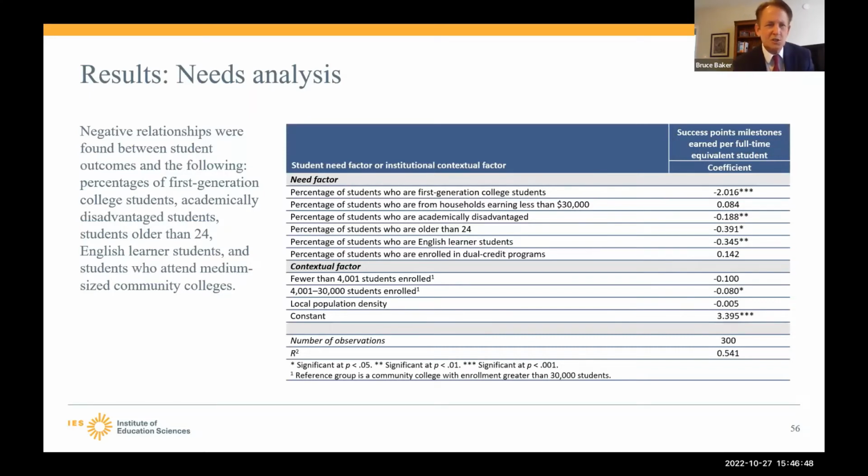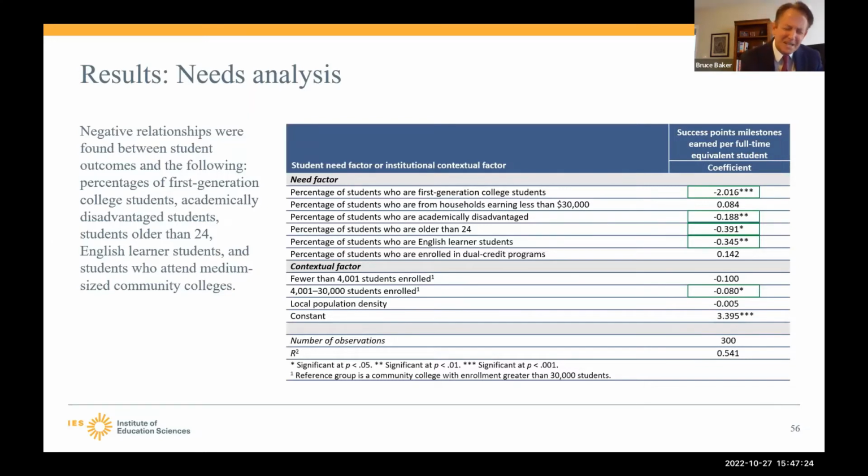There are negative relationships that were found between the percent of first-gen students and the outcome measure, the percent of students at an institution who are academically disadvantaged and the outcome measure, and the percent of students who are older than 24 years of age and the outcome measure. Each of those factors, along with English learner students and being in a medium-sized college, were associated with having a lower average number of success points completed per typical student.